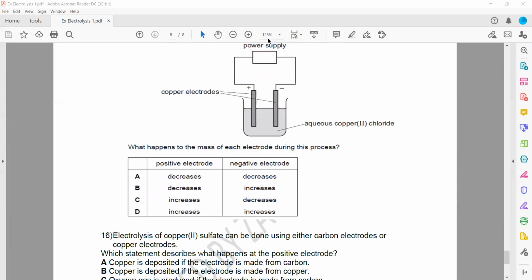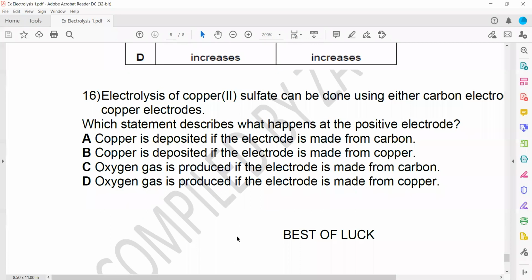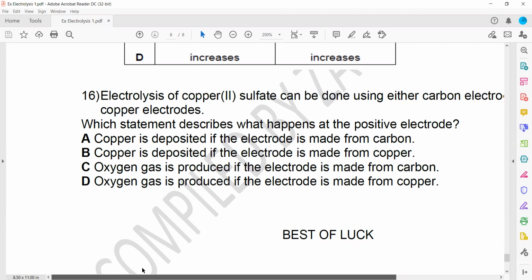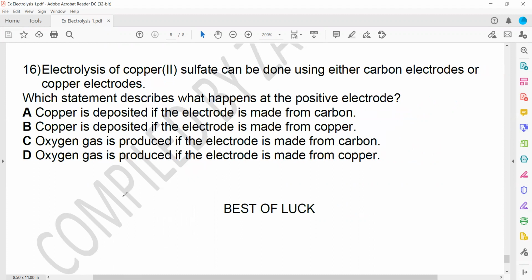And the last question, which is about electrolysis of copper. Copper(II) sulfate can be electrolysed using carbon.